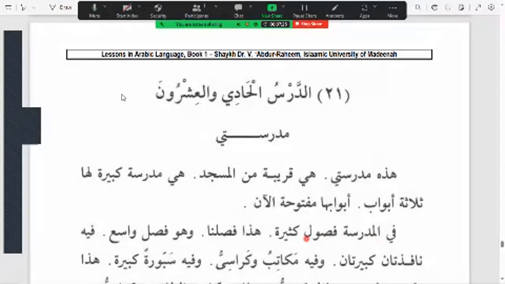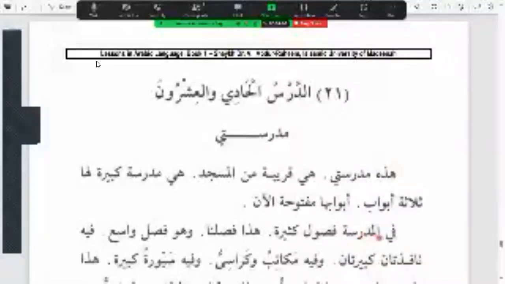So the mubtada in this case is delayed. We say it's mubtada mu'akhkhar. So we say this is shibh jumla khabarun muqaddam. And fusulun kathiratun. Fusulun is mubtada mu'akhkhar, and it is muannath, kathiratun na't.